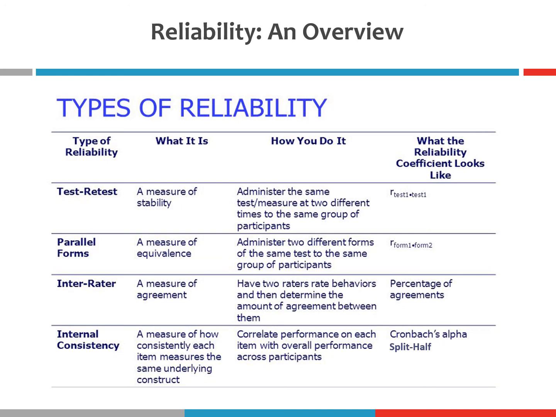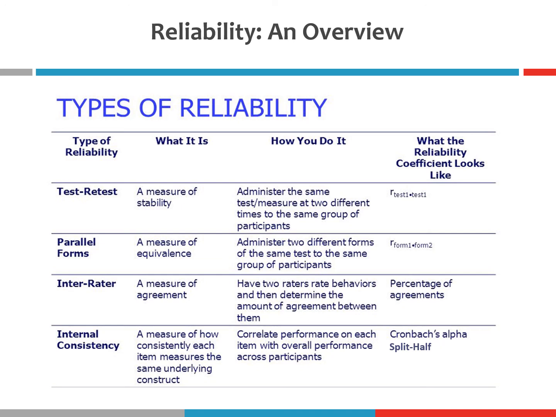And then when we're ready to look at our results, we would assess whether there is a strong correlation between the results we obtain the first time we administer the test and the results we obtain the second time we administer the test, right? So test-retest tells us whether our measurement instrument is stable over time.